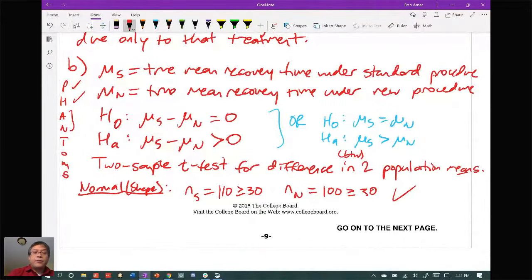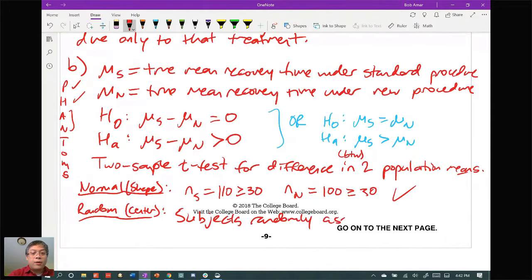Now I need to check whether there is a random condition. The subjects were randomly assigned to treatments. Independent.